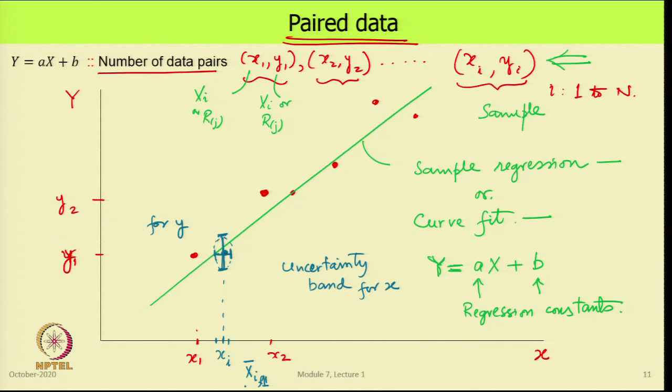So, the question then is, how good is this line that we have made, knowing that there is variability of x and y in every point. How do we handle this?